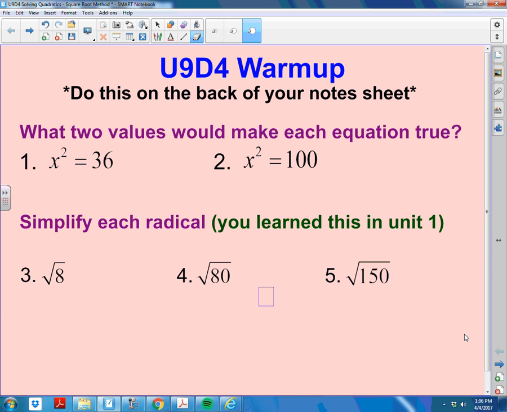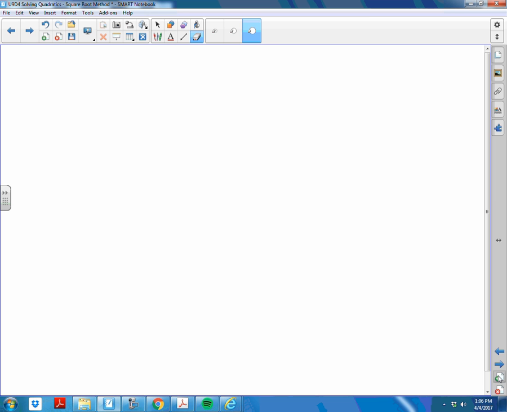If I give you a quadratic in standard form, and I say solve it, what am I asking you to do? I'll give you an example. No, because if I wanted the vertex, I would say find the vertex.